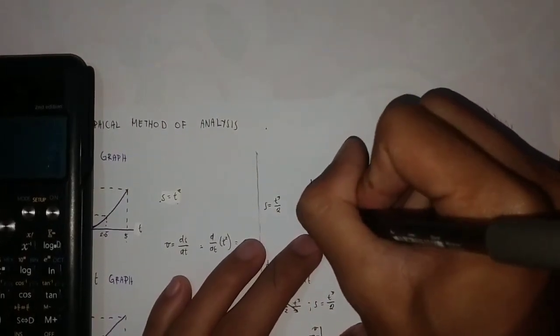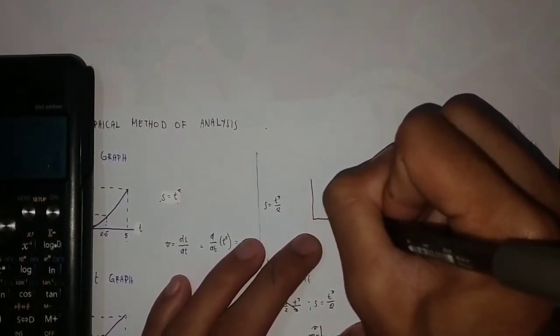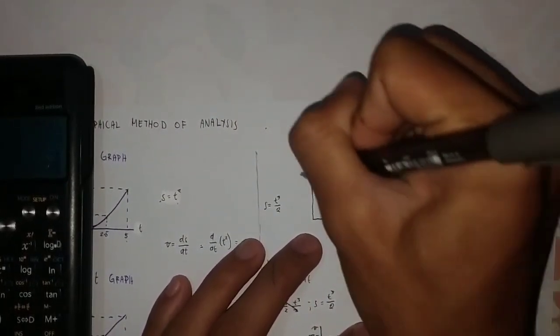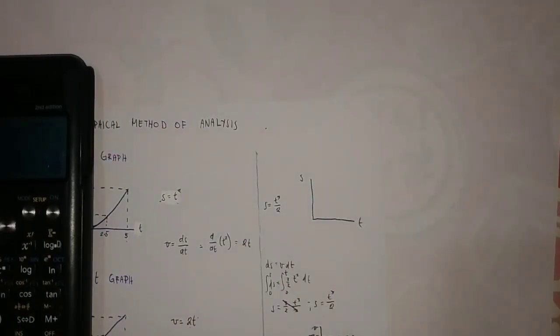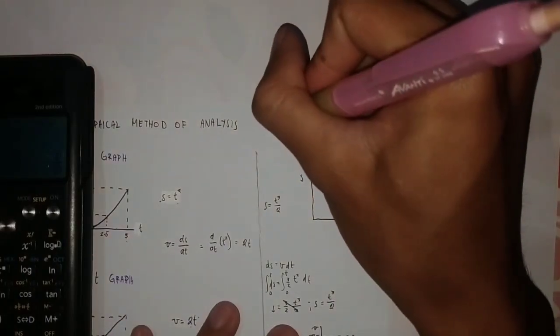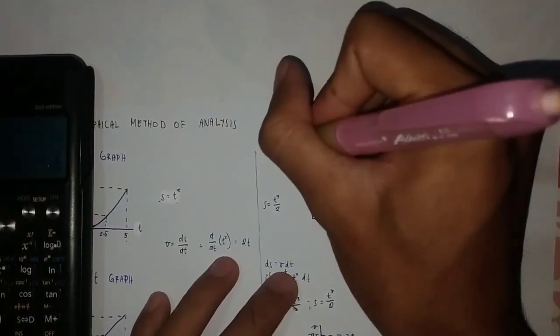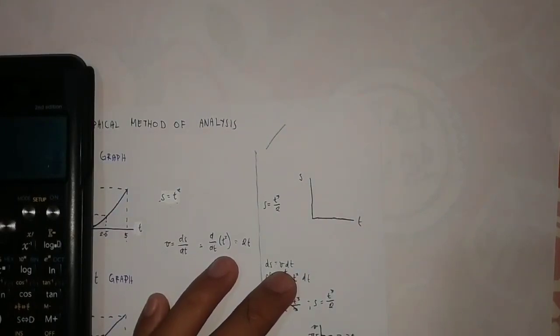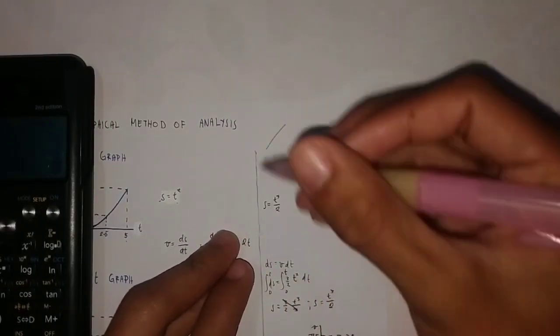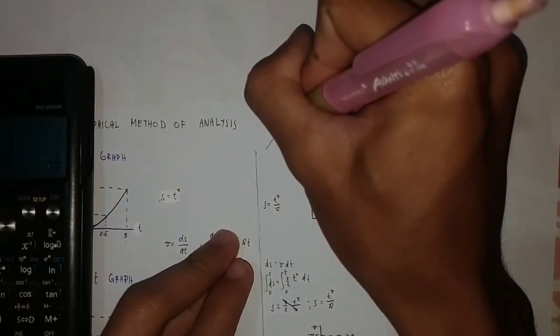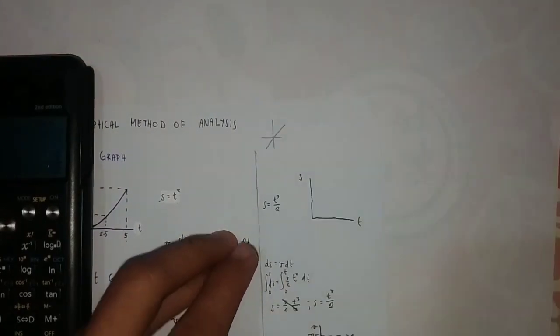So t cubed, how do we graph a cube? T and then s. Always remember, if the degree is 1, our graph is a diagonal line. For degree 2, for example, this is our Cartesian plane. That is the graph.